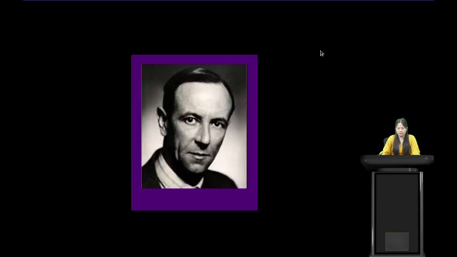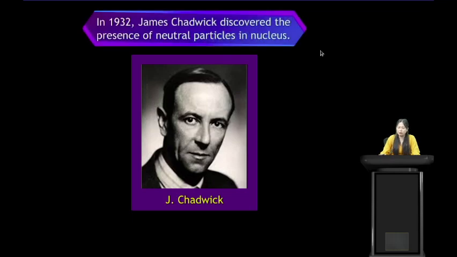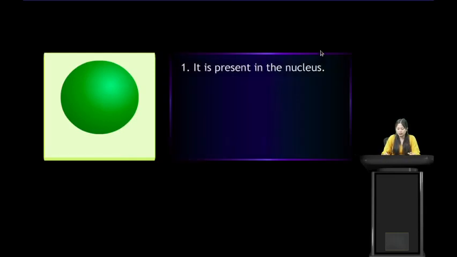Let us see. This scientist is James Chadwick. In 1932 James Chadwick discovered the presence of neutral particles in the nucleus. This neutral particle is present in the nucleus and does not carry any charge.